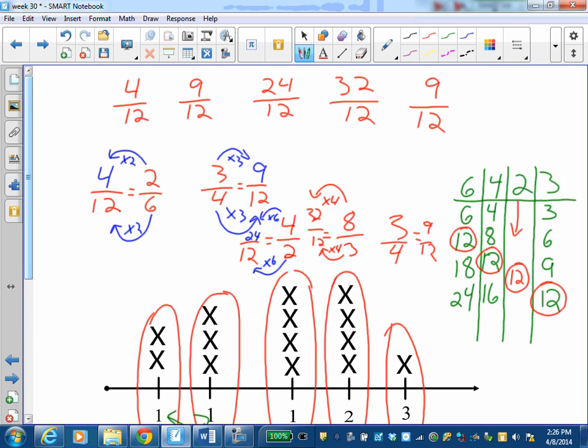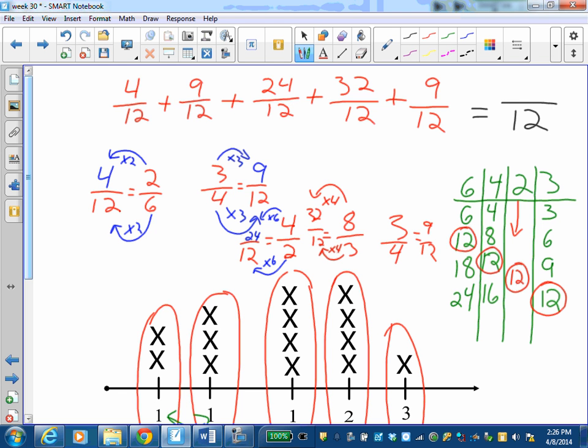So each one of these fractions represents the total amount of the fractional parts of taffy that were sold, and I'm looking for the total, so all I got to do is add these together. And because they have the same denominator, I know that when I get finished, my denominator is going to stay 12.